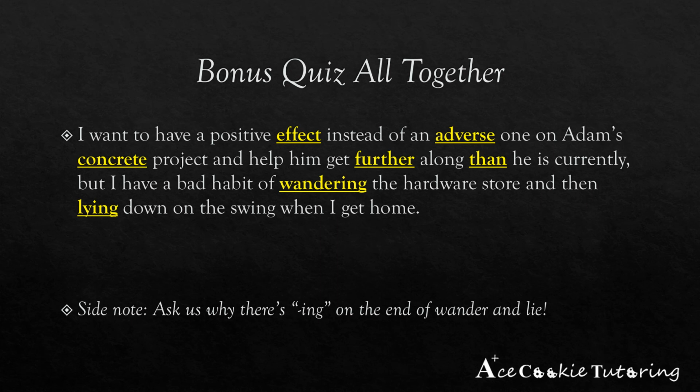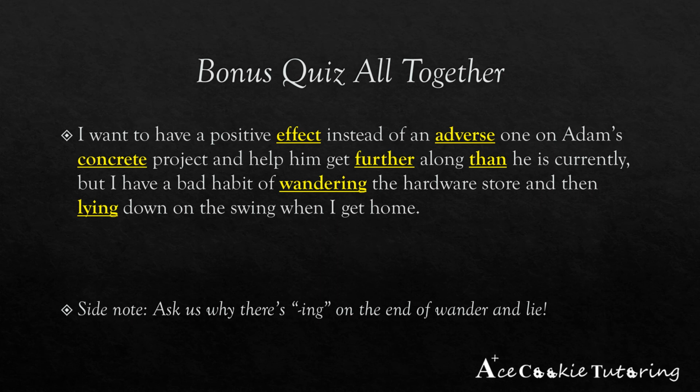We're doing a concrete project instead of cement project, because remember, cement is part of concrete. It's an ingredient. Further instead of farther, because farther has to do with distance, a physical distance, remember. So we're not measuring anything here.